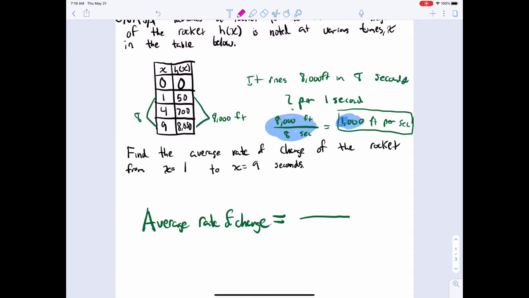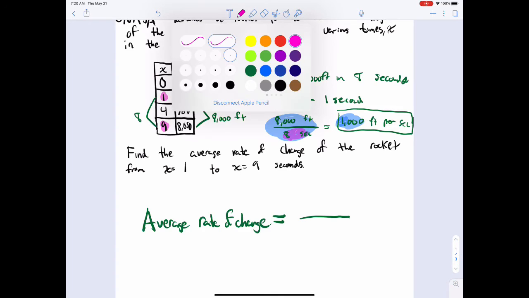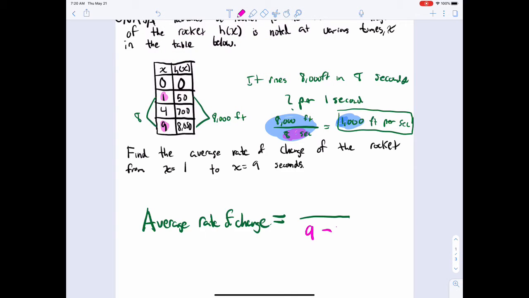Where did this part come from? 8 seconds came from these two numbers, right? We subtracted them. I'll do this in pink because that's where they are. We did 9 minus 1.